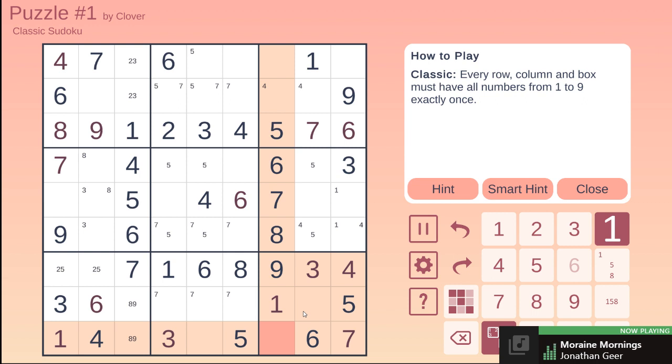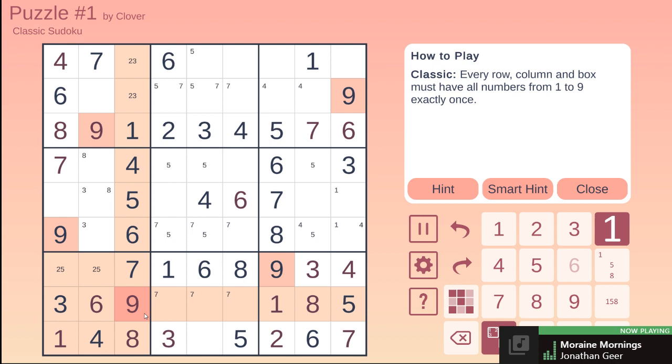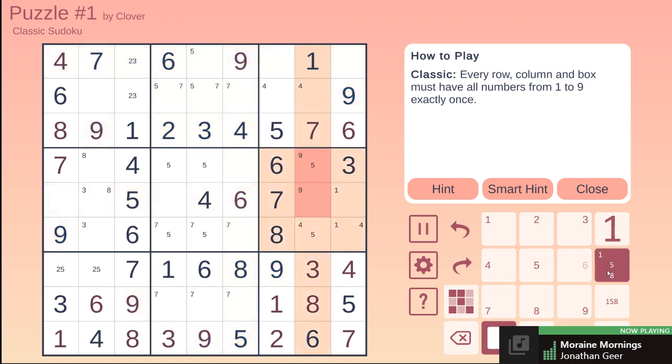There has to be a 2 in this box, and there has to be an 8 in this box. 8 goes here, 2 goes here, which means 8 goes here, 9 goes here, and this is a 9. Okay. Which means there's also a 9 here, which means looking at this box, there's a 9 in one of these 2 spots. And looking at this box, there's a 9 in one of these 2 spots. Great.